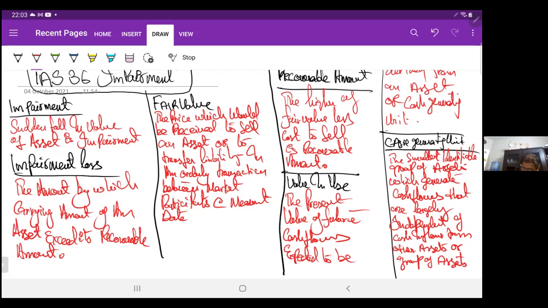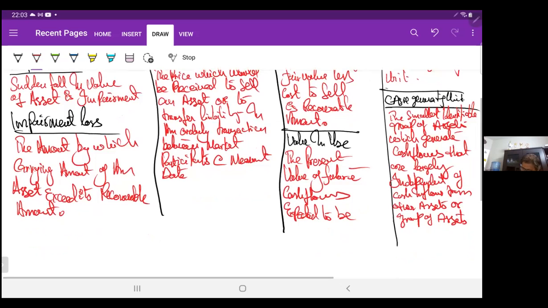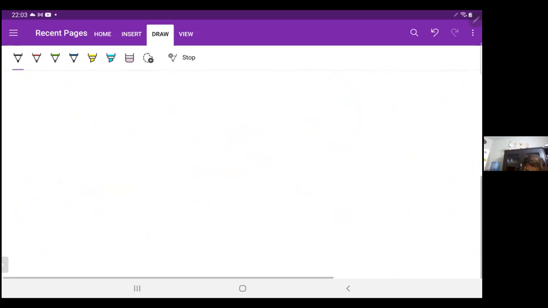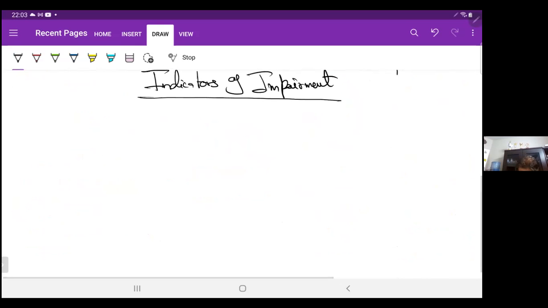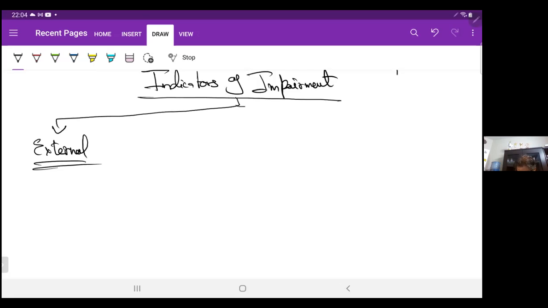So we have various types of indicators of impairment. We have two types of indicators of impairment. Let me explain to you folks. One is the external indicators, the other is the internal indicators. What are the external indicators?